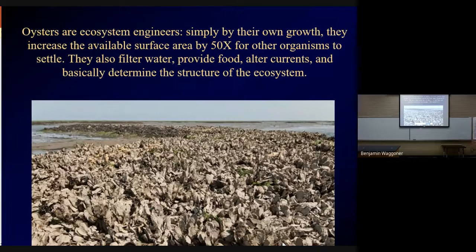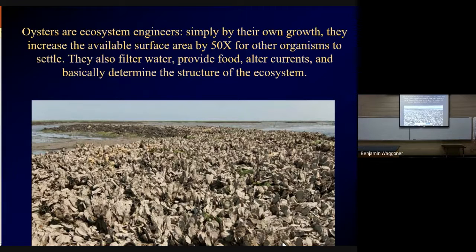The last time we did this and I ordered some live oysters, I think we collectively found a dozen species growing on top of the oyster shells without even trying very hard. So they create a huge amount of surface area, just more space for other living things to live in.